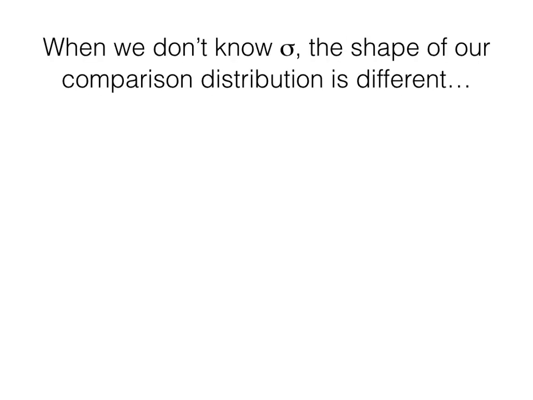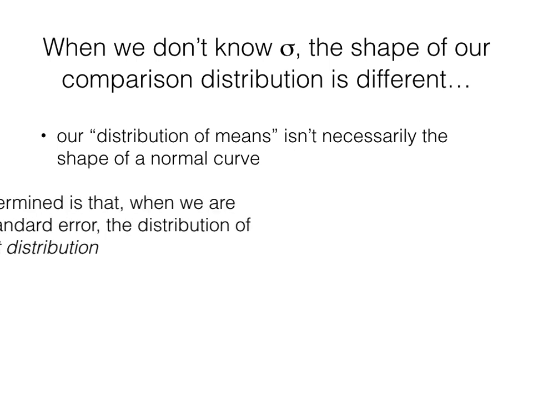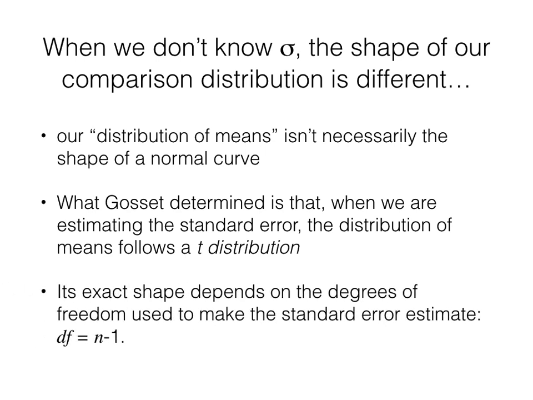Now, when we don't know this population standard deviation, the shape of our comparison distribution is also different. This is one of the things that the student figured out. Our distribution of means doesn't necessarily follow the shape of a normal curve. What Gossett determined is that when we're estimating the standard error, the distribution of the means is going to be following a t-distribution. And its exact shape depends on the degrees of freedom that are used to make this standard error estimate.